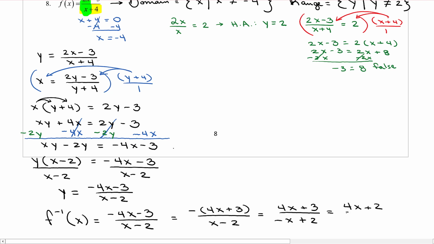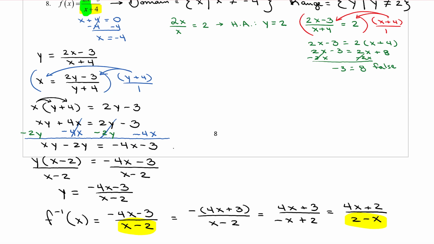I can also switch the terms in the denominator and write maybe 2 minus x like this. So what I'm trying to say is there's more than one right way to write this function. When you look at your examples in your textbook or on MyMathLab, keep that in mind.